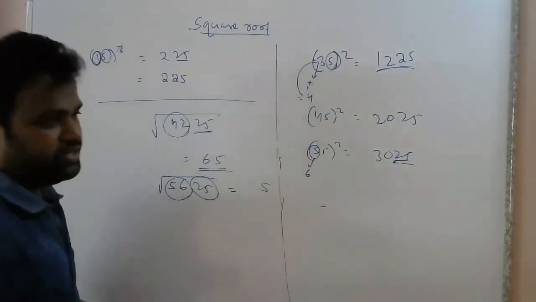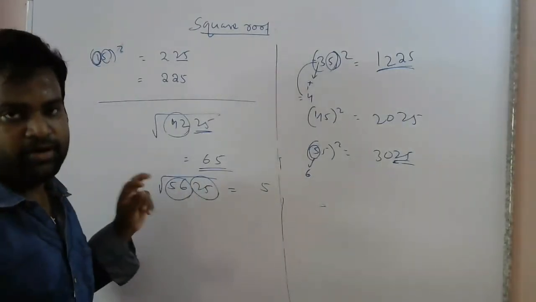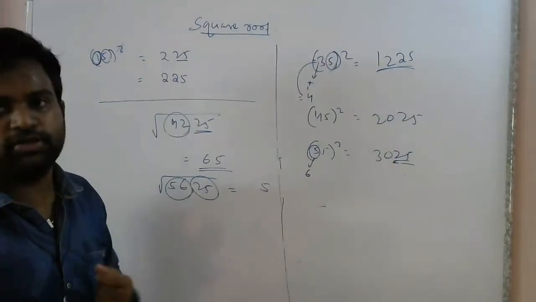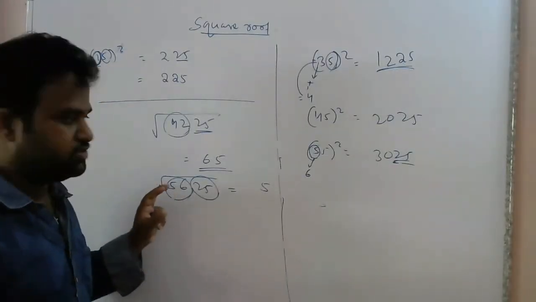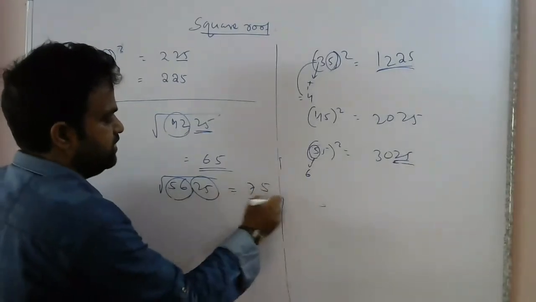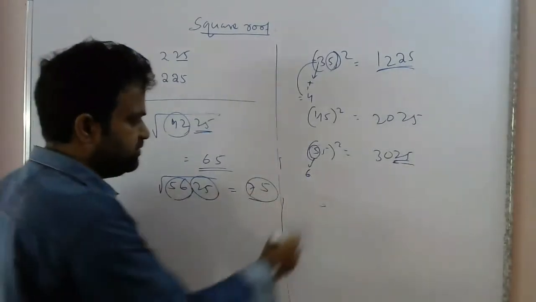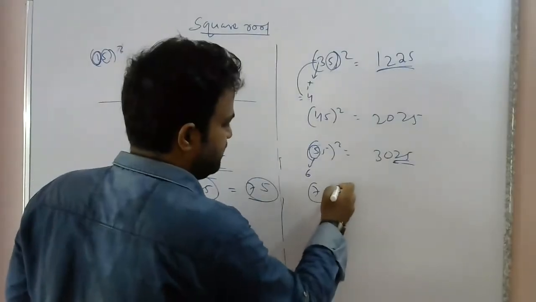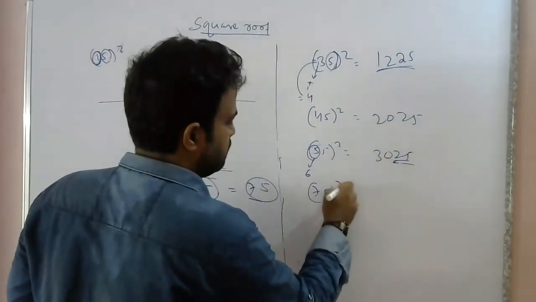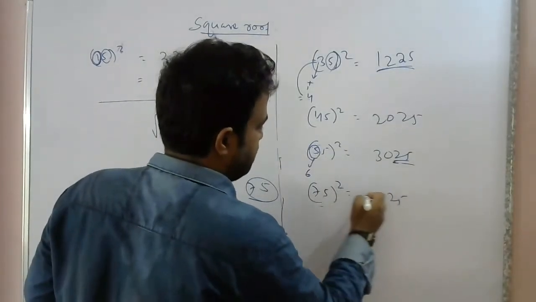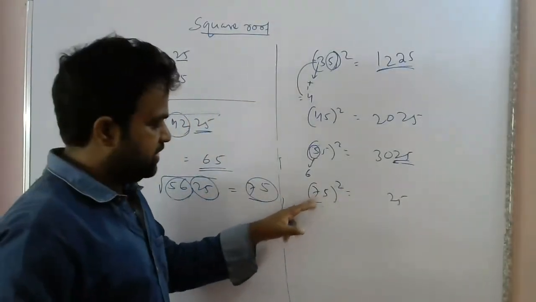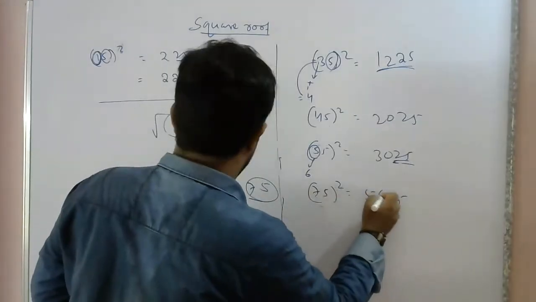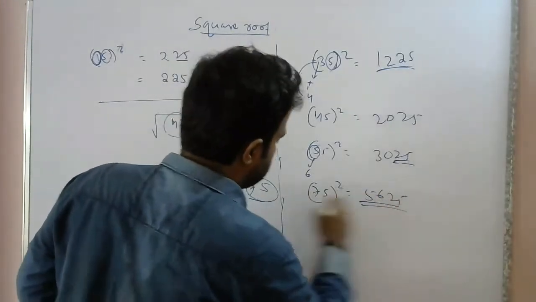Okay, 56 is a product of two consecutive numbers, 7 and 8. 7 8s are 56. So lowest number is 7, 75. You can find the square of 75 also using our rule. Square of 75 is 5 square 25. Then 7, next number is 8. 8 into 7 is 56. So 5625 is the square of this number.